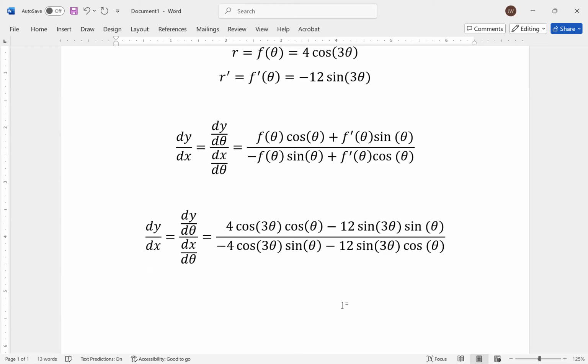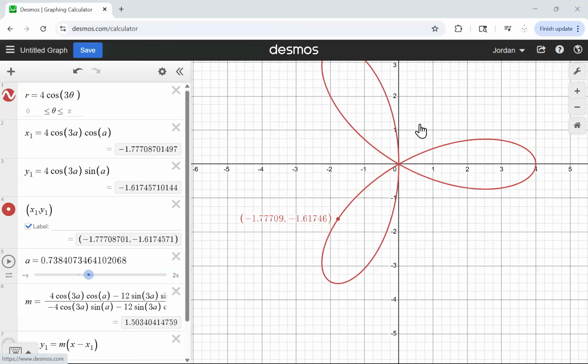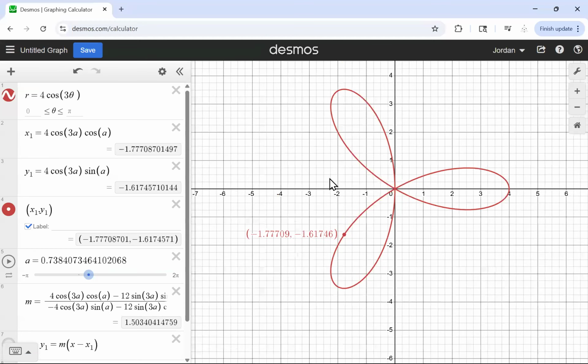And if we wanted to, we could figure out the actual values and get those specific values for the derivative. Now, I've actually done this and I've set up a little test here.